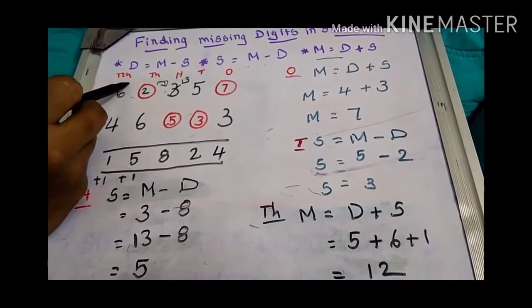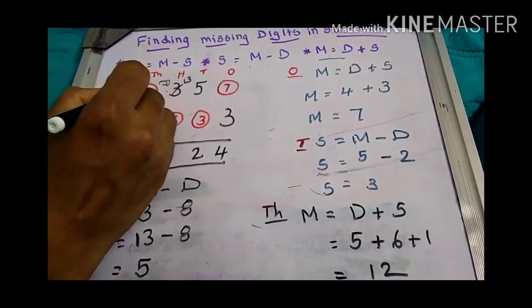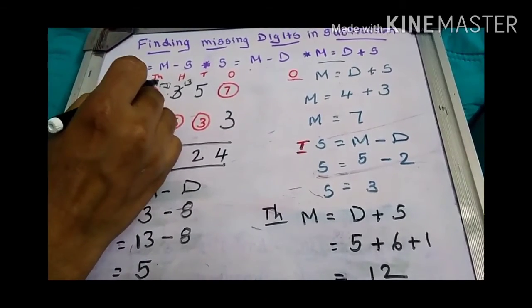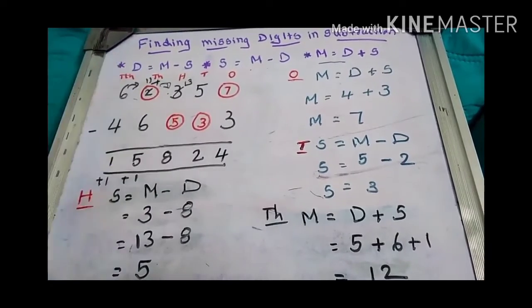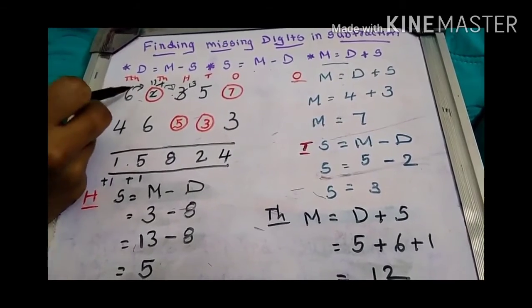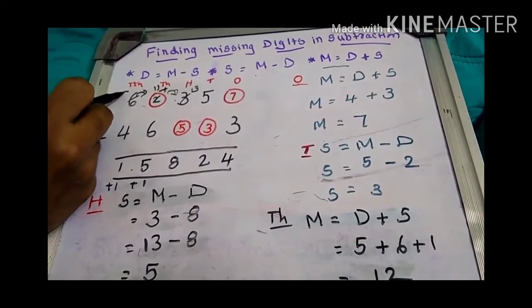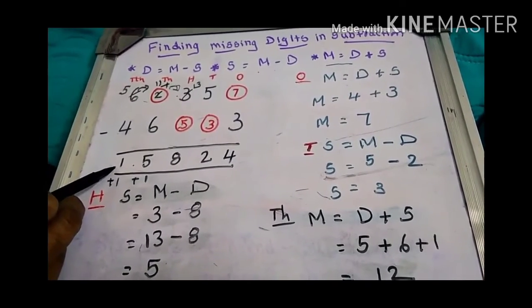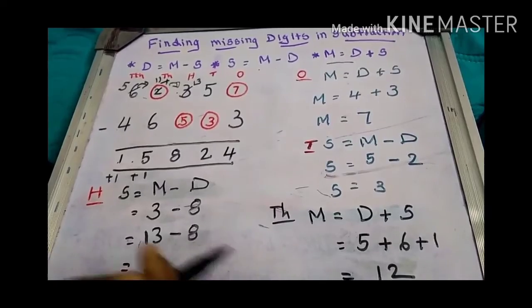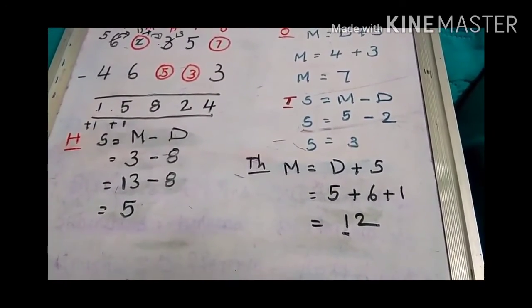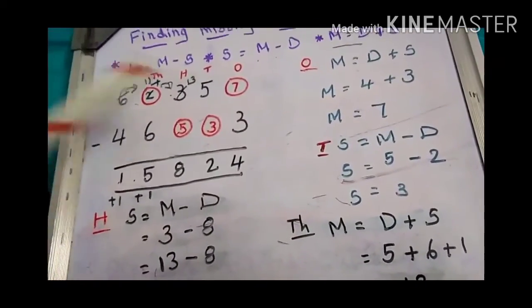Right? I think you are understanding this. Just see this, you will get the idea. You already have taken one borrow from this, so it will make it 11. The 6 becomes 5 because you have taken a borrow.